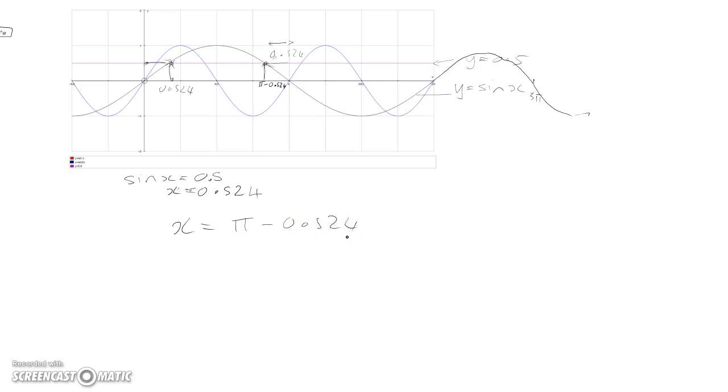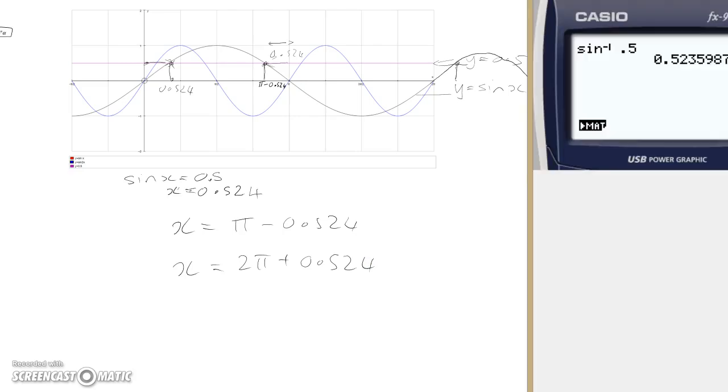Now, further along on my graph, funny enough, over here, my graph is going to be cut again. And that one would be, well, that full cycle that I have is 2 pi. That space is also going to be 0.524. So my next point would be x equals 2 pi plus 0.524. Obviously, I could work out what these were.